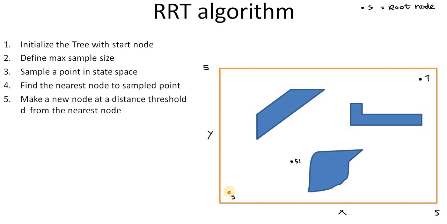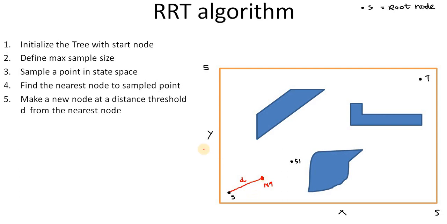So what we have to do is, in the direction of S1, make a new node at distance d. This is the new node, we call it N1. The distance is always d. This is a threshold up to which we are allowed to go.